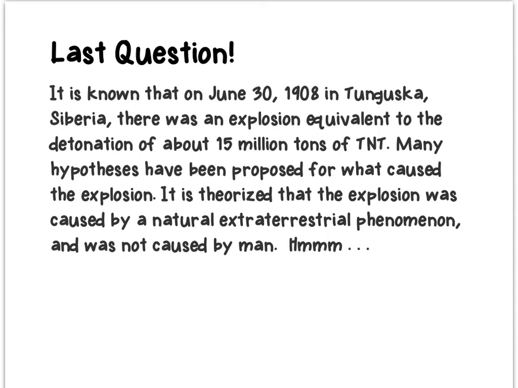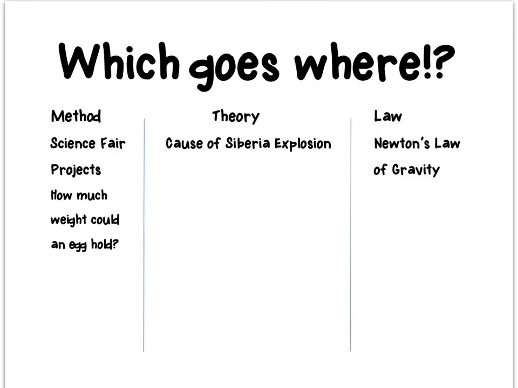So does that mean that perhaps there could be other reasons why this explosion happened? Because I don't know if I am believing the whole alien extraterrestrial thing. Where would this situation be placed on our chart? Very good. That is a theory that they can either disprove or prove. I don't know about the whole alien thing, though. I think there are probably other causes of that explosion.